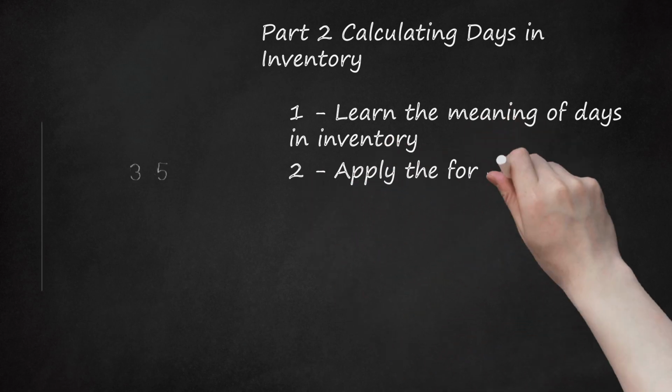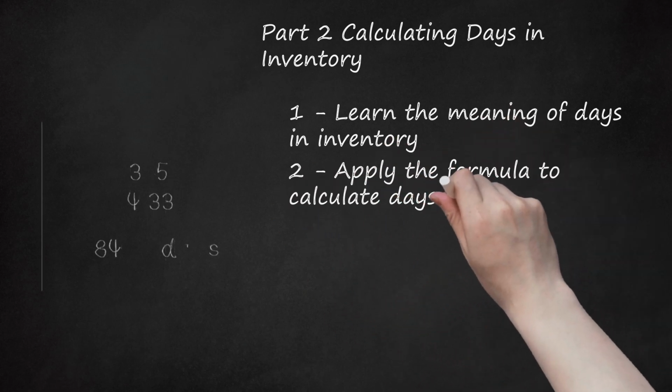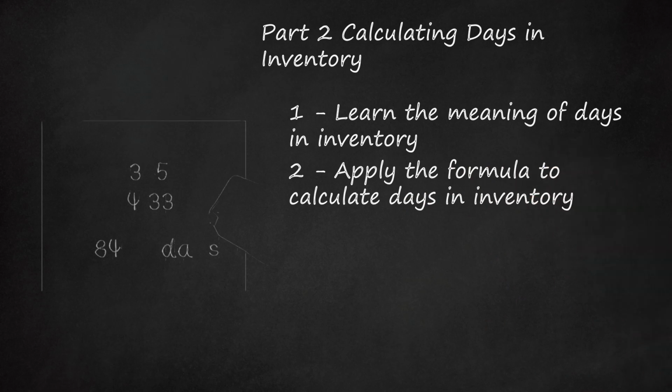2. Apply the formula to calculate days in inventory. You calculate the days in inventory by dividing the number of days in the period by the inventory turnover ratio. In the example used above, the inventory turnover ratio is 4.33.